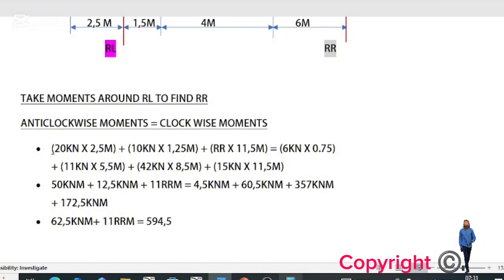Let me check on the calculator. 594,5 kilonewton meter.